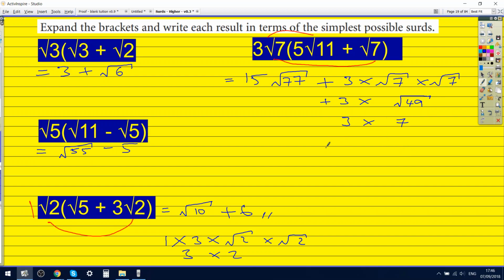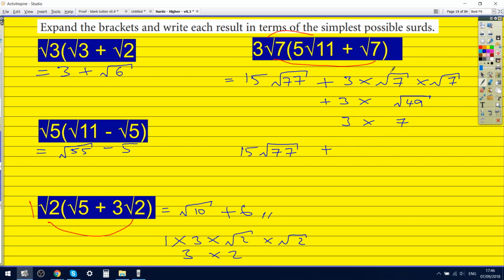And so what do you get? Say it again. Sorry? So what do you get there? Add 64. Where are you getting 64? 15 add 49. Oh wait, no, it's not. It's add 15. Sorry. So 15 root 77 plus what?